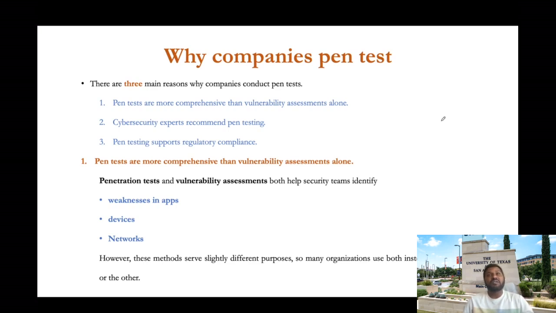So many organizations use both methods instead of relying on one or the other. Vulnerability assessments are typically recurring automated scans that search for known vulnerabilities in a system and flag them for review. Security teams use these assessments to quickly check for common flaws.